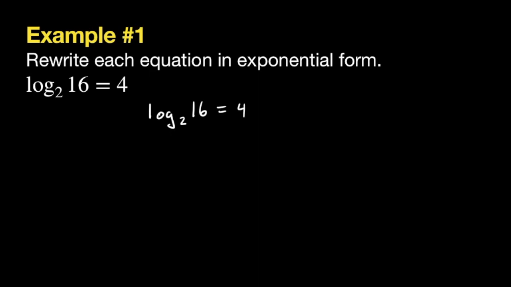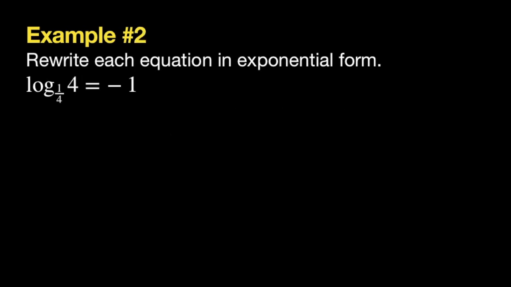That means that your 2 is going to be your base. So we're going to rewrite this as 2 to the 4th power is going to be equal to 16. And we're just changing this based on the definition that we got.